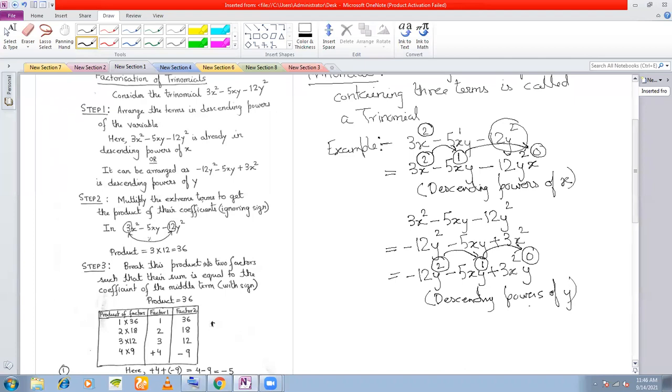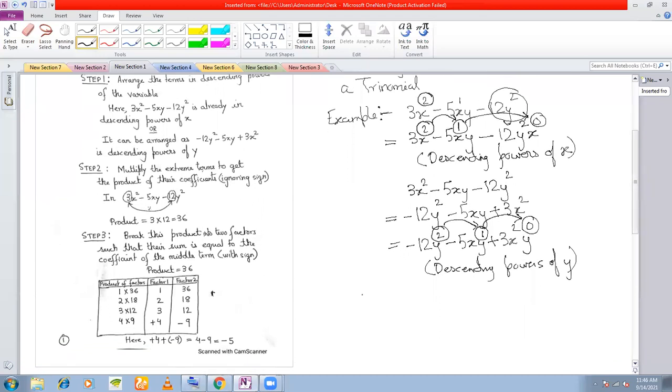So whenever you have descending powers of x or descending powers of y, such an expression can be factorized by the following method. Such a method is also called middle term factorization, which we also call factorization of trinomials.